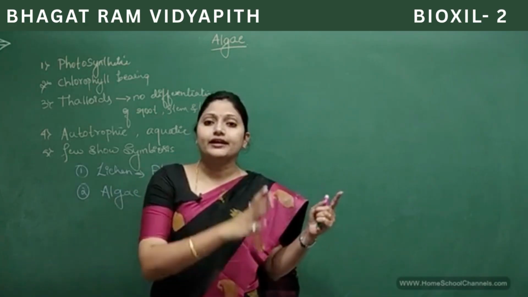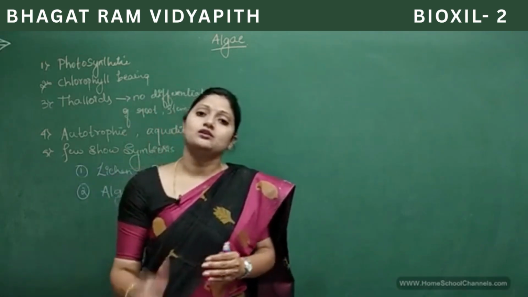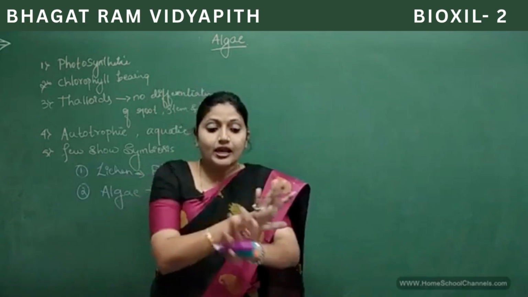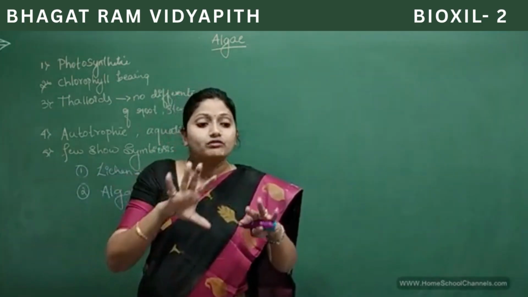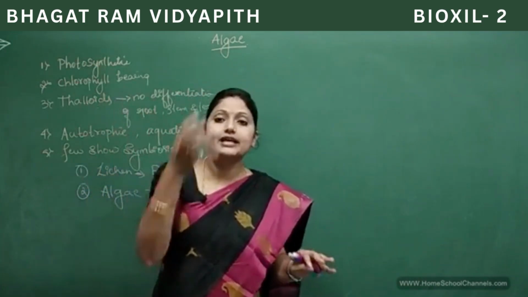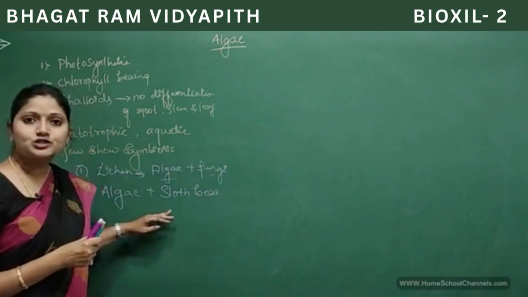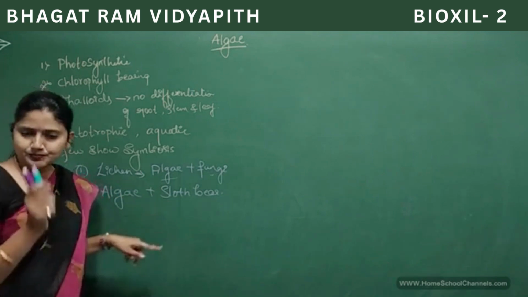On the other side, the algae is giving camouflage to the sloth bear so that it escapes the predators. Okay, it grows all over the sloth bear and it will not highlight the sloth bear so that it will escape from the predators. So that is a symbiotic relationship between the algae and sloth bear.